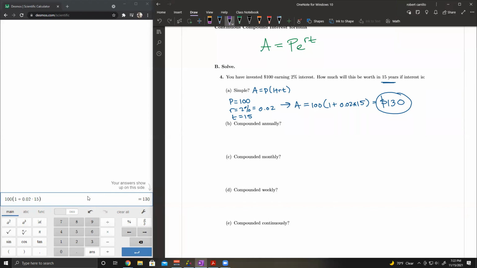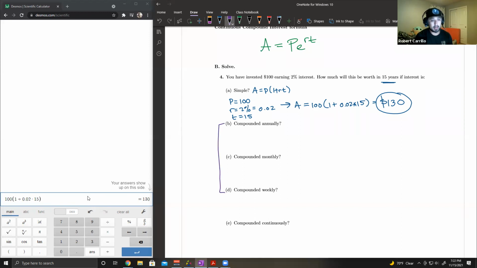Okay. Now we want to know compounded annually, monthly, weekly, and then continuously. So for these three, we're going to use that compound interest formula. I'll just write it over here. A equals P times 1 plus R over N to the NT. Okay. So again, label everything we have. P is 100. The rate is still 0.02, but now we are compounding annually.